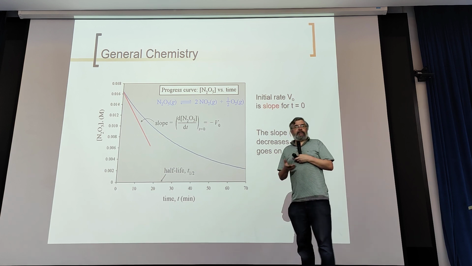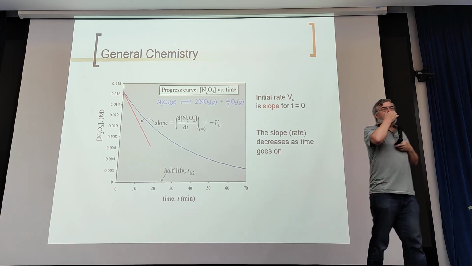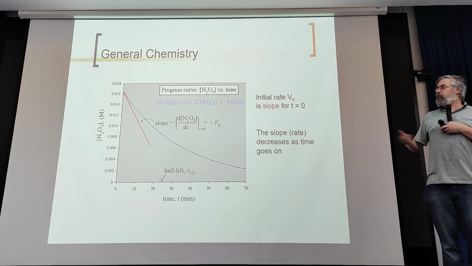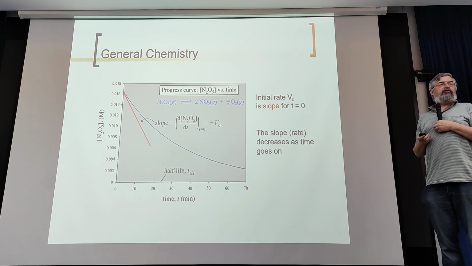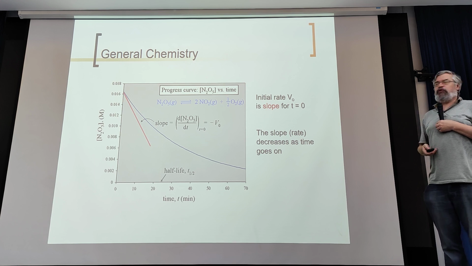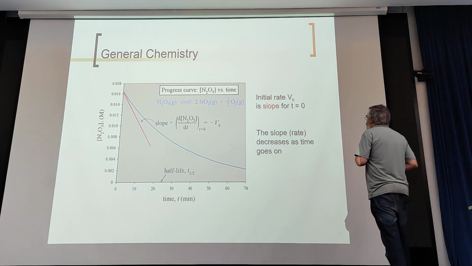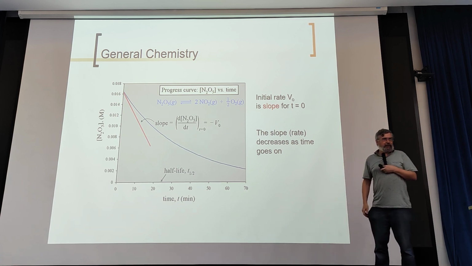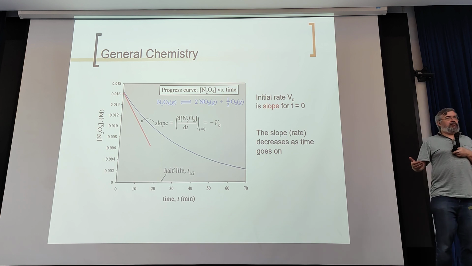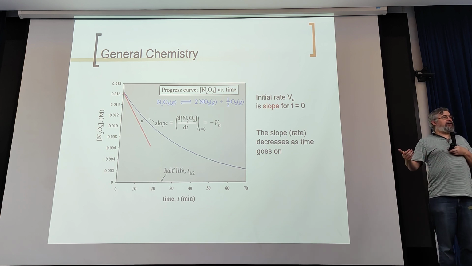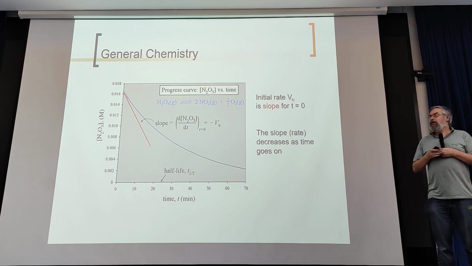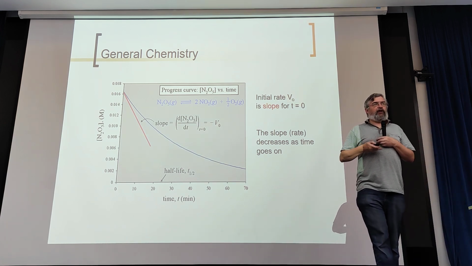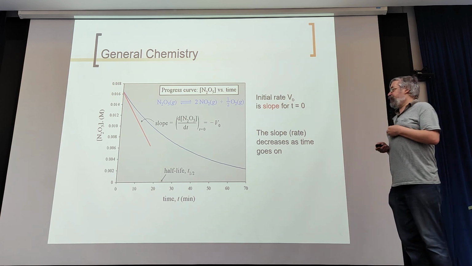So very often people consider the initial speed, the initial rate of the reaction, which is this red line that you see over there, and they make some theory from that. That's the so-called initial rate. The rate goes down because you have less and less reagent. That actually means it's a function of how much reagent is left.